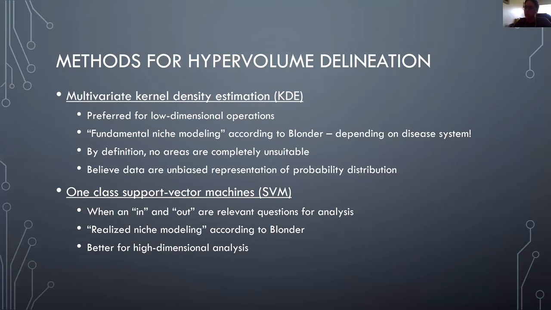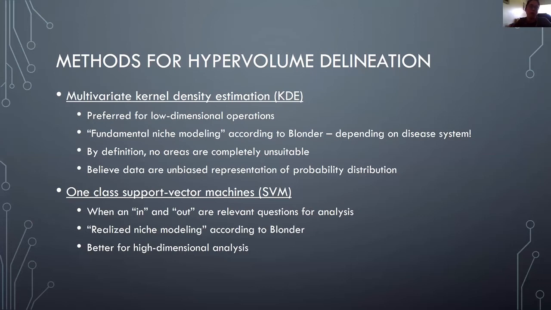And then the next way for delineating a hypervolume, which Blonder proposed in 2018, is the use of a one-class support vector machine. Like KDE, this is another machine learning technique, but unlike multivariate kernel density estimation, which relies on probabilistic density, this one actually classifies whether things are completely in or out, depending on the classification.